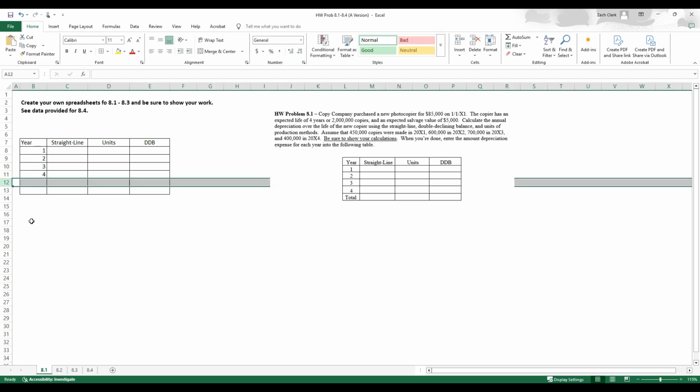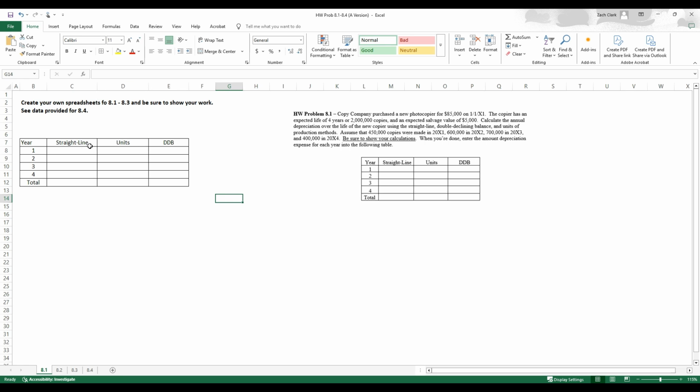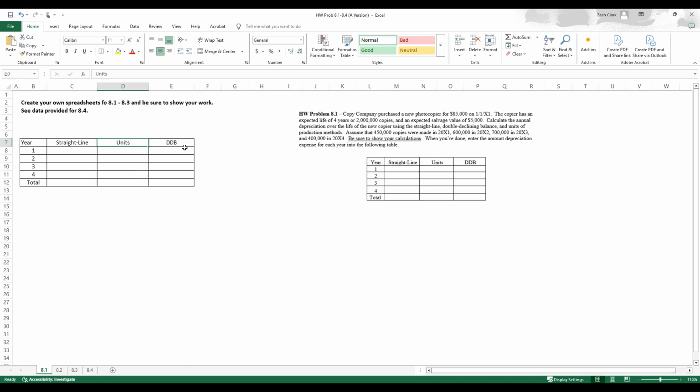So we just need 4 years, and then have the total. Let's make that nice and aligned. And yeah, so straight line, units of activity, and double declining balance.